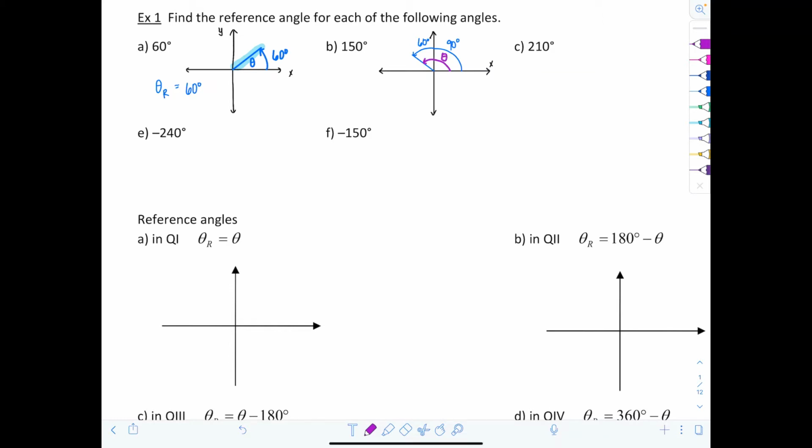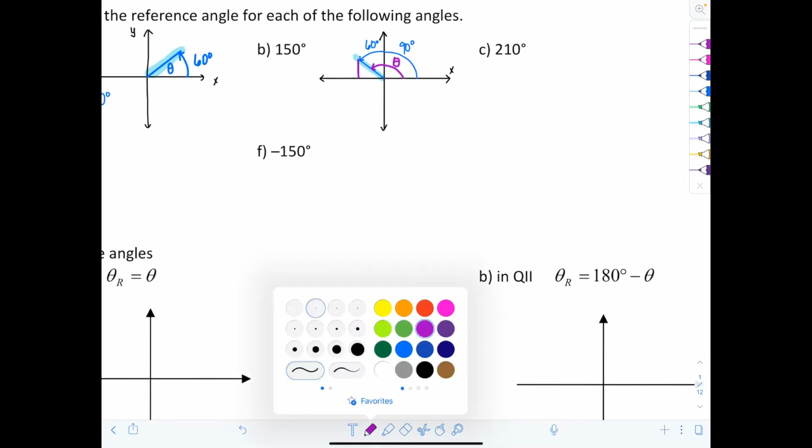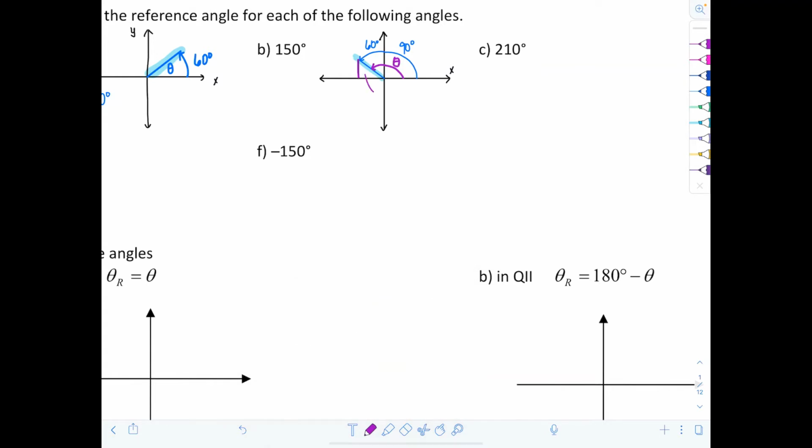That's my original theta. Now the reference angle is the positive acute angle formed by the terminal side and either the positive or negative x-axis. So you're just going to drop down. We're closer to the negative x-axis in this case. And what that means is this acute angle sitting in here is our reference angle.